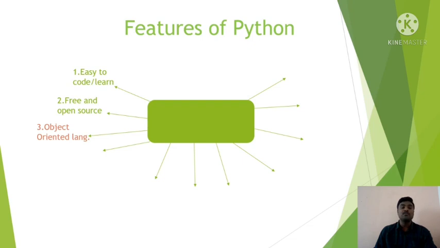The third is object oriented programming language. So Python is an object oriented programming language. Python supports all programming paradigms such as functional programming, object oriented programming, and procedure oriented programming, and one of them is object oriented programming.